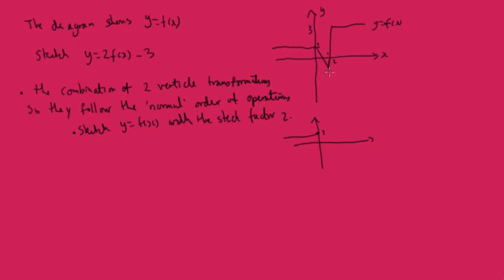And this bit here was at minus 1, so timesing that by 2 is going to be minus 2 down here. But the x coordinate stays the same. And then this is going to shoot up to 6, because that was at 3 before, and then it goes straight on. So that equals y equals 2 of f of x.